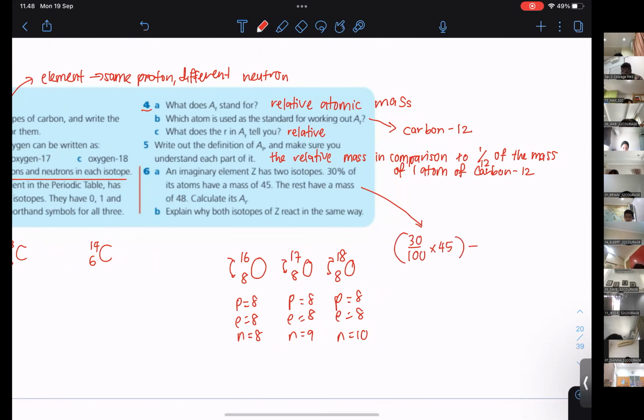And then the rest means 70%, 70% of it has 48. So if you want to find the relative atomic mass, you need to calculate this. Can someone help me to calculate the AR for Z? If you have the value, let me know.